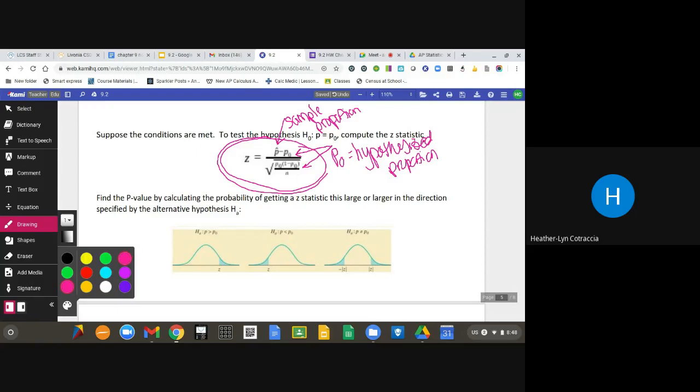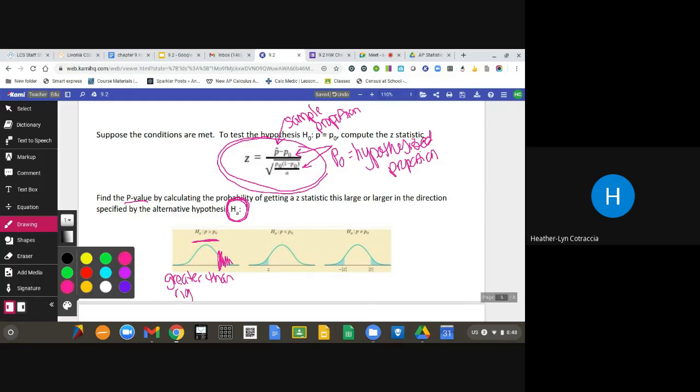Now we need to figure out our p-value, which is the probability of being in one of these regions right here. And the important note here is that you have to look in the alternative. So if you look right here, this first one, in the alternative, there's a greater than symbol. If you see a greater than, then you plot your z-value, which we've done right there, and you shade to the right.